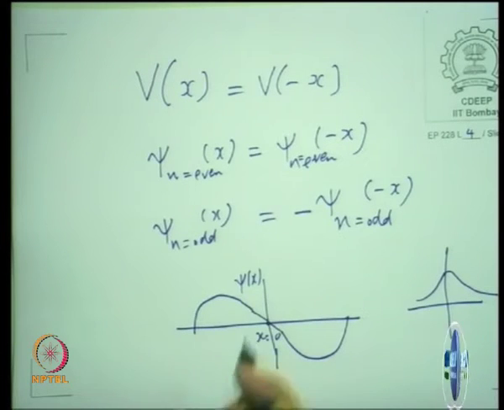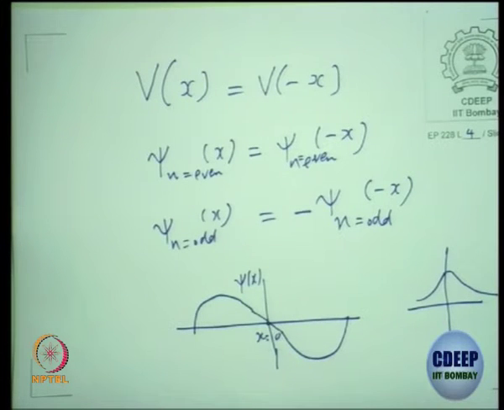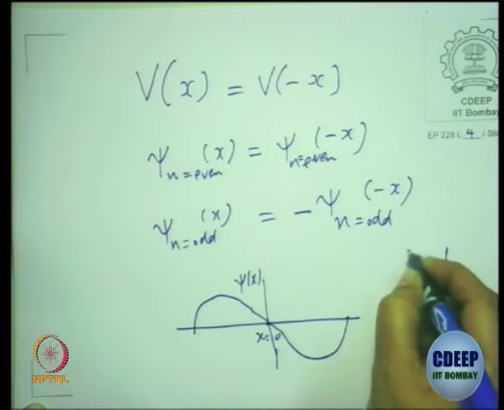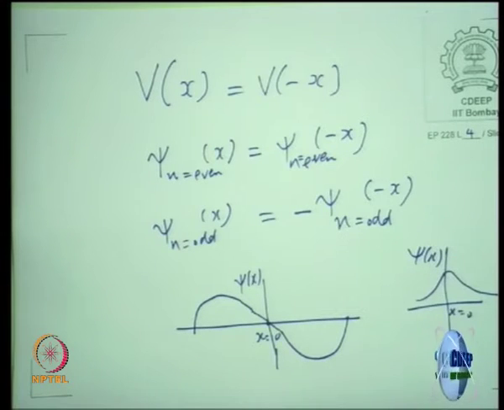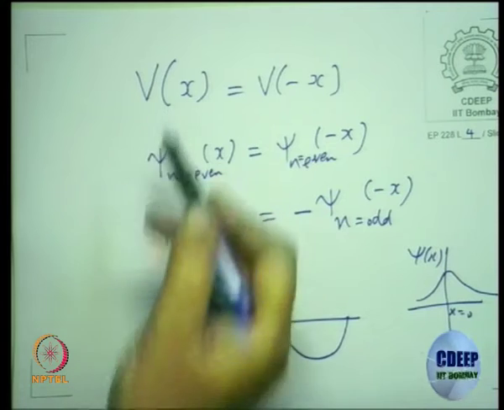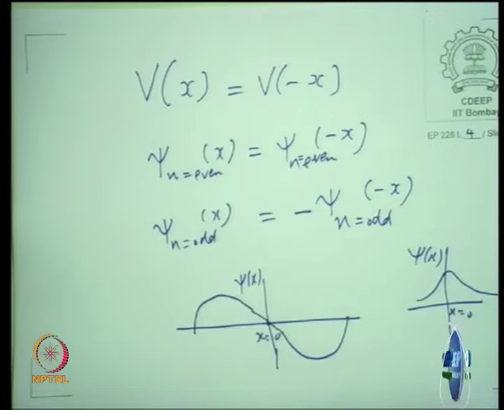So there is always a node for an odd function, and there is no such node for an even function at x equal to 0. Okay. So these are some things which you observe, that if you have an odd power polynomial, you will have a node at x equal to 0, but you will not have a node at x equal to 0 for even functions.